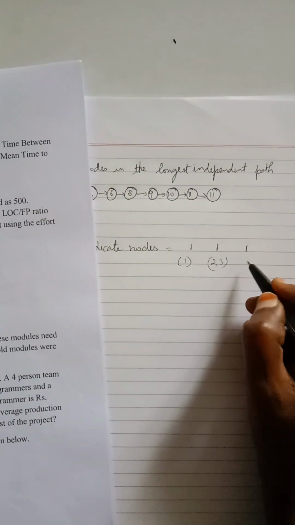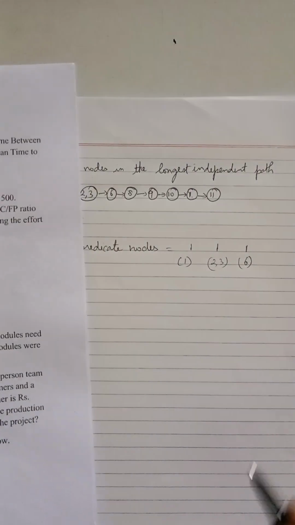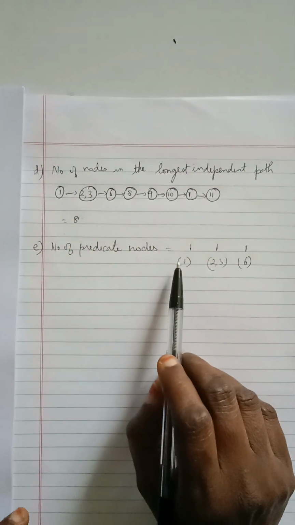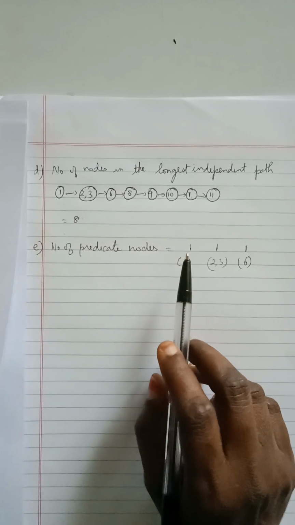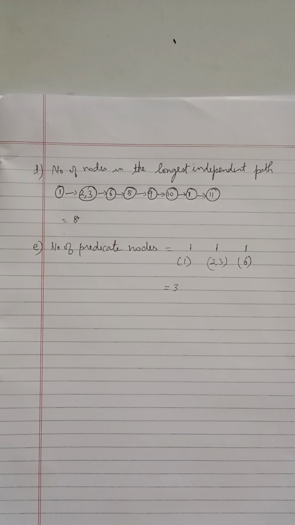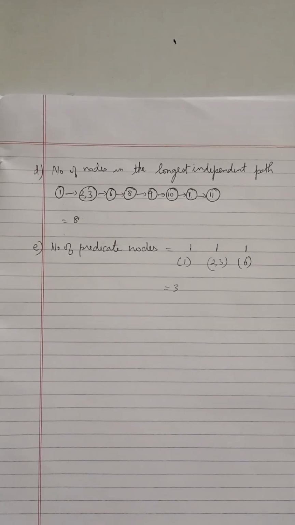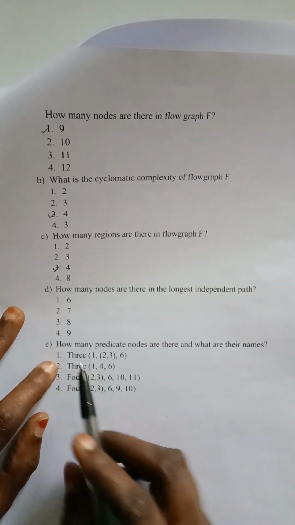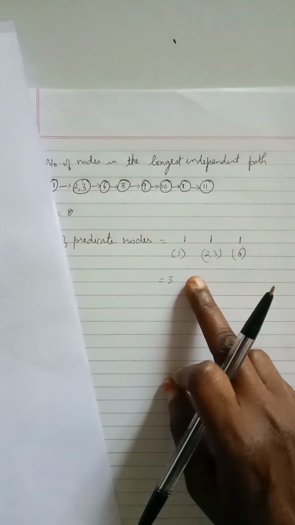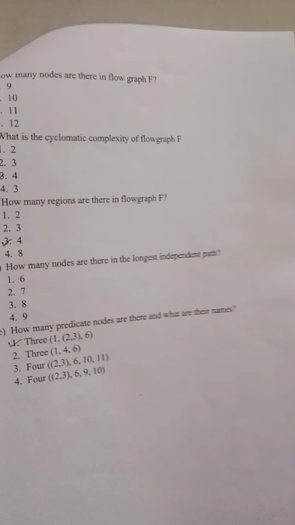So 1, 2, 3 and 6 are the predicate nodes, so the number of predicate nodes will be 3. The answer to how many predicate nodes there are and what their names are: it is 3, which are 1, 2, 3 and 6.